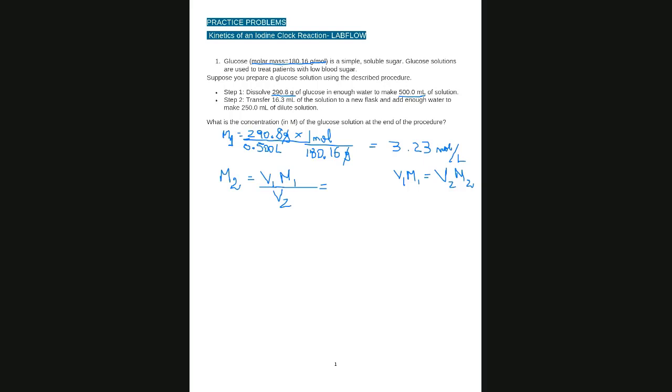Usually we have to convert into liters, but because we have the 2 volumes here, one up and one down, we can keep it as milliliters because they are going to cancel out. So the V1 is the volume of the solution that has the molarity 1.